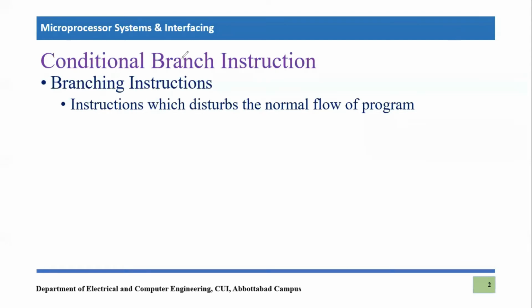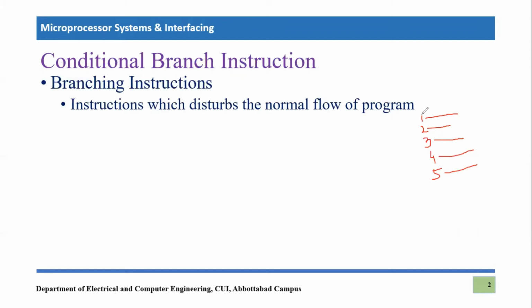Okay, to understand once again what is normal flow of program, let's consider that we have a program consisting of multiple instructions. Let's say it is instruction 1, instruction 2, instruction 3, instruction number 4, instruction number 5, and so on. We know that the microprocessor or microcontroller CPU executes instructions one by one in a sequential flow.